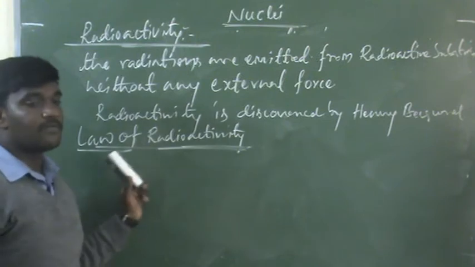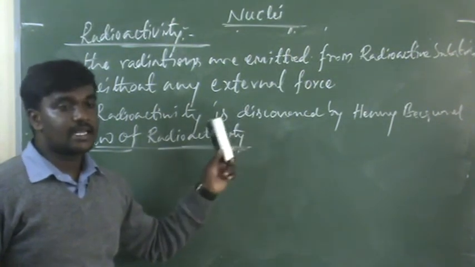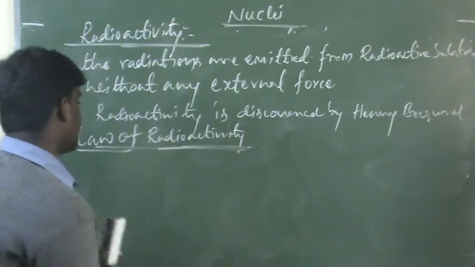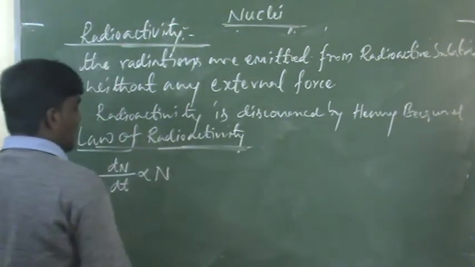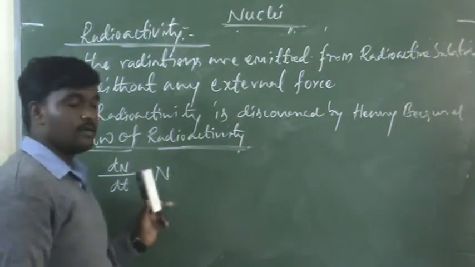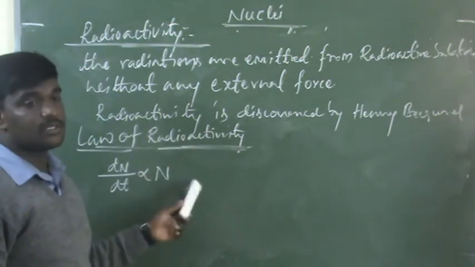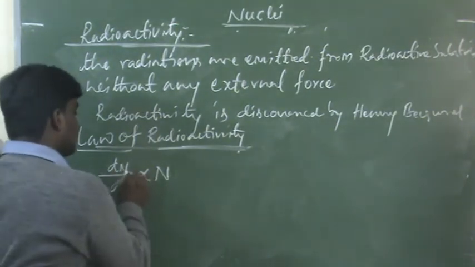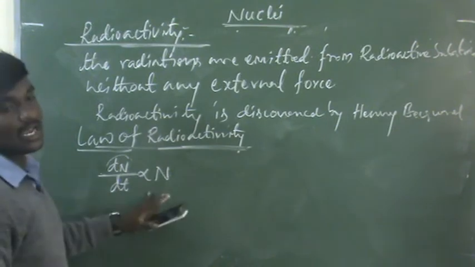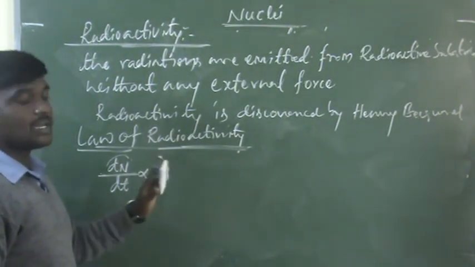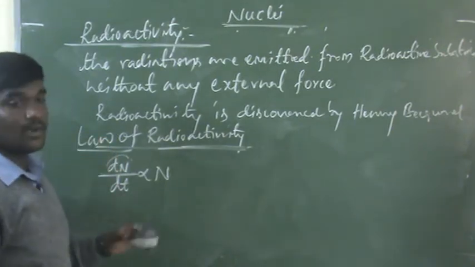So the law of radioactivity states that the rate of decay of radioactive substance at any instant, dN by dt, is directly proportional to the number of parent atoms present in the radioactive substance. This is the law of radioactivity.